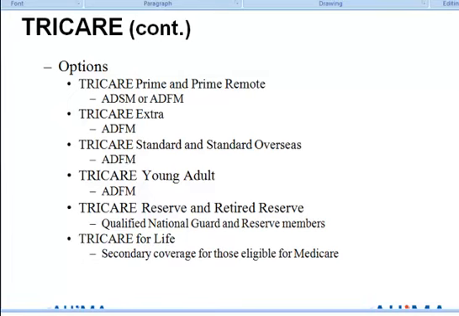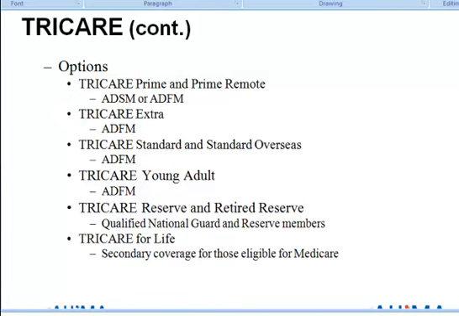The TRICARE Reserve and Retired Reserve. Basically, the TRICARE Reserve is a premium-based health plan that qualified National Guard and Reserve members can purchase. They're individual plans or a family plan. They pay a monthly premium. There's a 15% coinsurance for outpatient and 20% coinsurance for out-of-network providers.